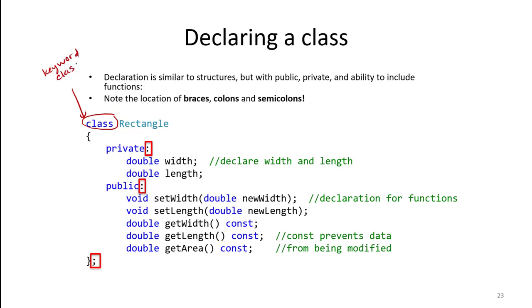So instead of saying struct rectangle, we would say class rectangle. And then notice we also have to include private and public. Private is used to designate which variables are private to the class and which variables can be accessed by everyone. So we have the private and public designation.